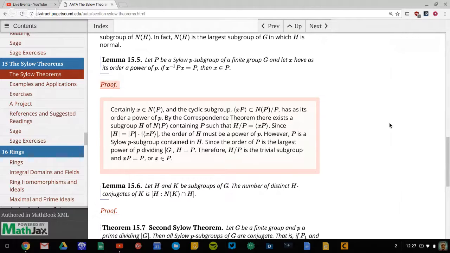The size of H is the size of P multiplied by the size of the cyclic subgroup generated by XP. Now, P was a Sylow P subgroup, so this number here is a power of P. The cyclic subgroup generated by XP has order a power of P as well. So you're multiplying together two powers of P, so H itself has size a power of P.